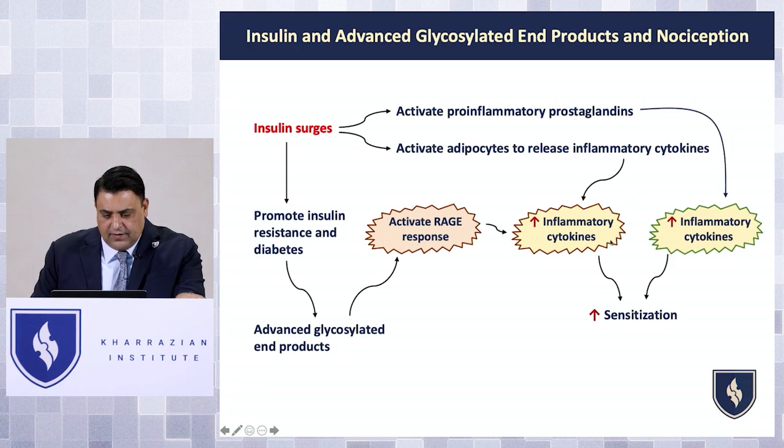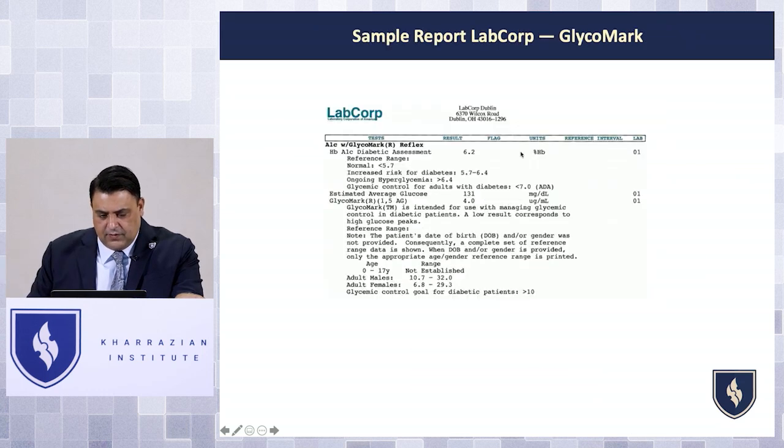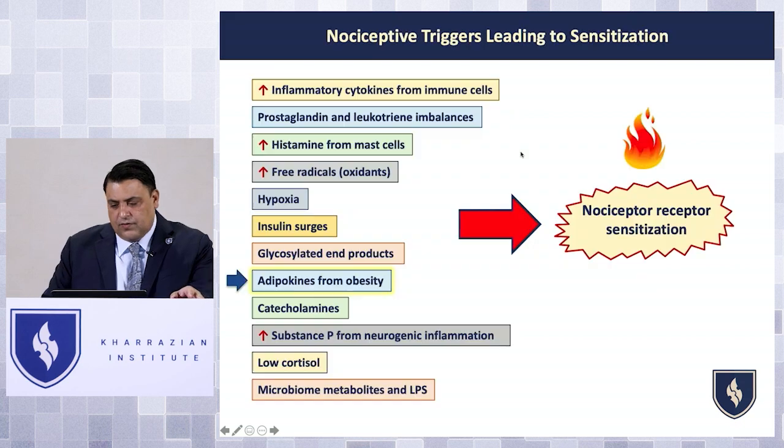They all increase systemic inflammatory cytokines. They cause increased pain sensitization. And then if advanced glycation end products are promoted, they directly bind to receptors for advanced glycation end products, and that really increases pain perception as well. So things like HbA1c and fructosamine can be useful markers. Glycomark is just going to look at spikes, but it can also be useful. So you can look at those through routine lab tests.